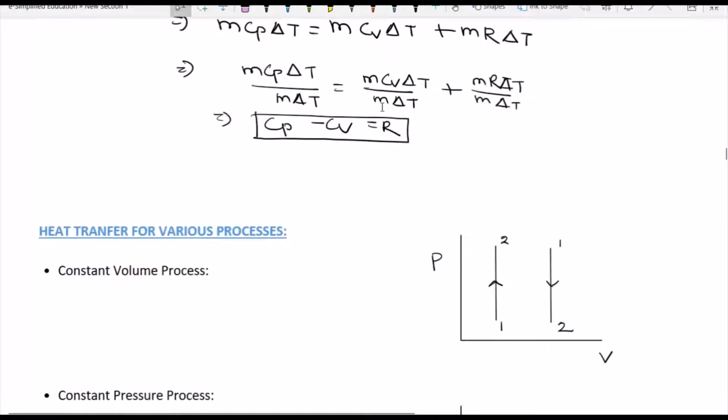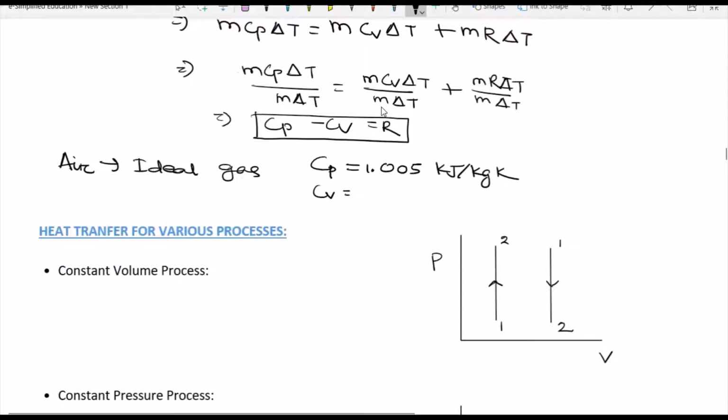Next, for air, I have already told you in the first lecture that air can be dealt with as an ideal gas. So the Cp, Cv and R values of air should be remembered. The Cp for air is 1.005 kilojoule per kg Kelvin. Cv is 0.718 kilojoule per kg Kelvin.